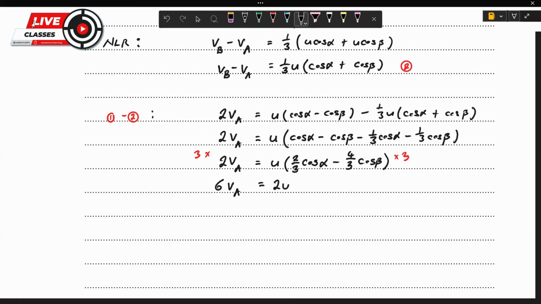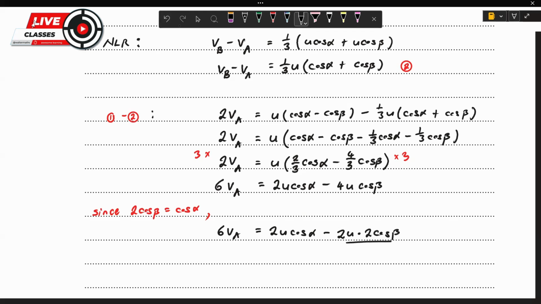So that's 2U cos alpha minus 4U cos beta. Okay. And I'll say here, since we've been told that 2 cos beta is equal to cos alpha, then it means that 6VA will be equal to 2U cos alpha minus 2U of 2 cos beta.